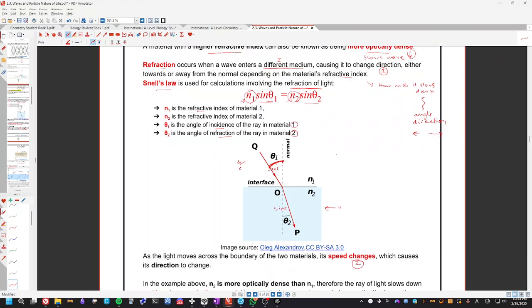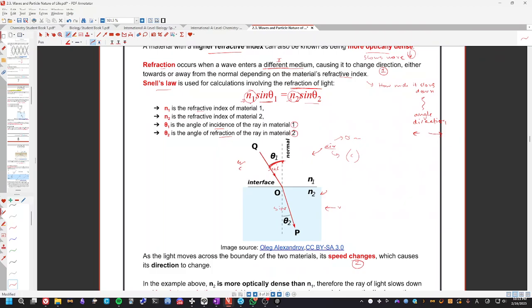Now if we're talking about air as material 1, then if you're talking about air and we have a medium, well, we already know that air will have a specific value, and if I'm not wrong, it's going to be your c, or your speed of light, and then your refractive index of air, I think it's going to be like 0 or something.